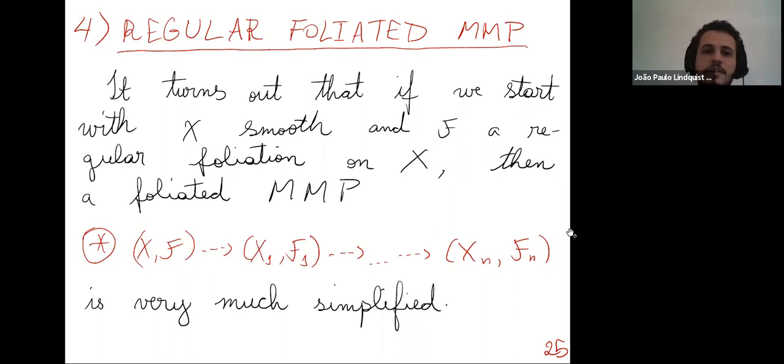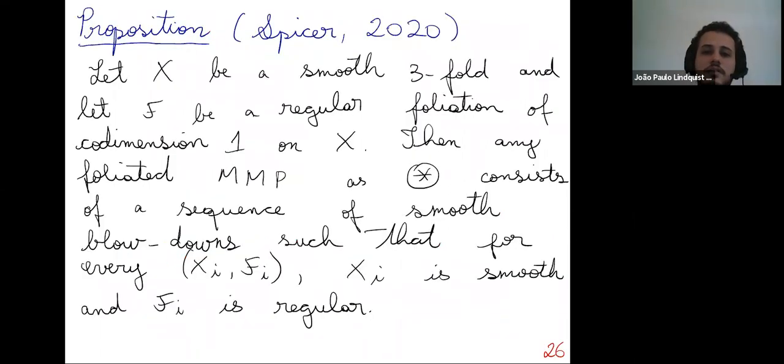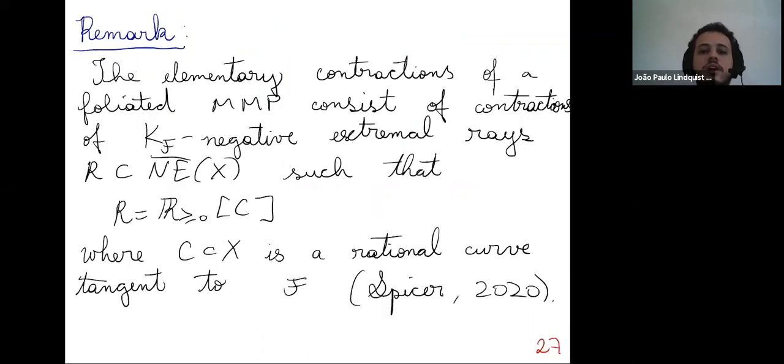What I want to say is that on each step of the foliated MMP, when we start with X smooth and F regular, on each step we preserve regularity of both X and F. In other words, every Xi is smooth and Fi is regular.